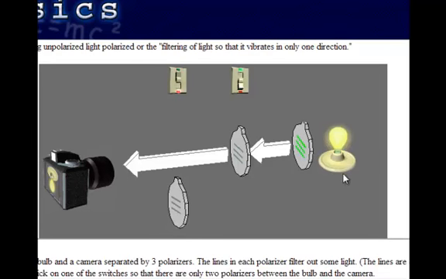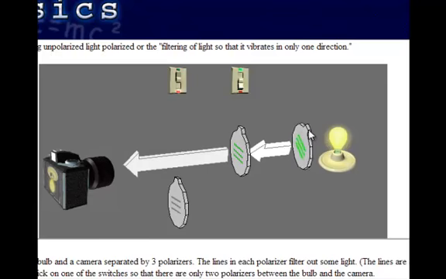So the light bulb is our light source, and these two discs are called polarizers. And over here we can see the image of the light bulb. Now what I can do is I can, in this animation, turn these polarizers a certain way.